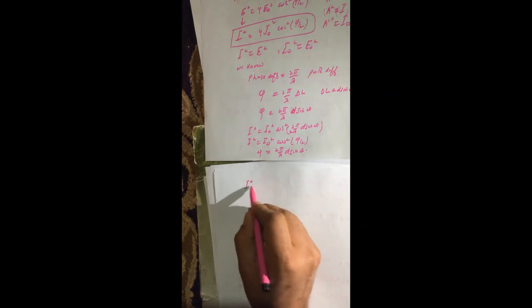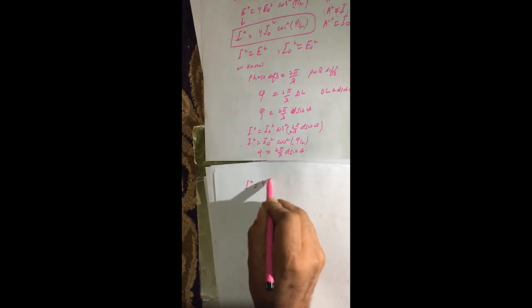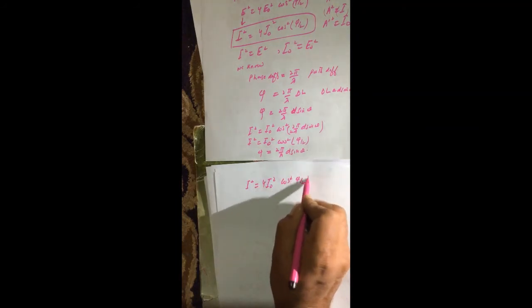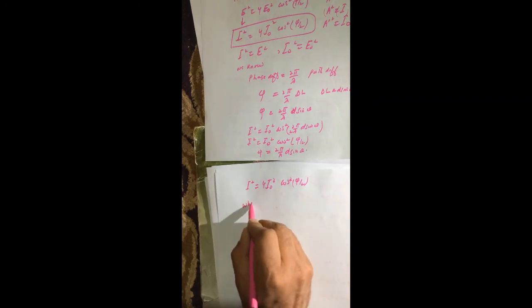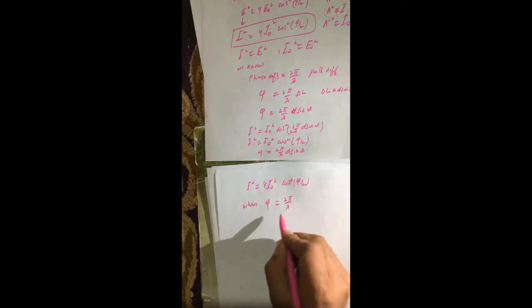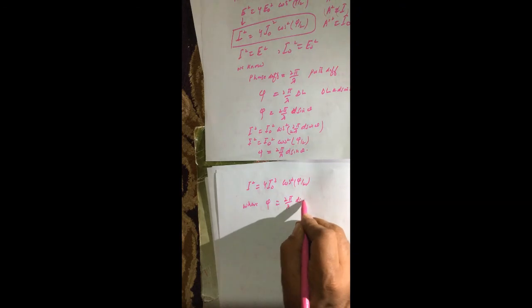Now for maximum intensity, if I look at here, we have two expressions. The intensity I square is equal to 4 I naught square cos square phi divided by 2, where phi is 2 pi over lambda d sine of theta.